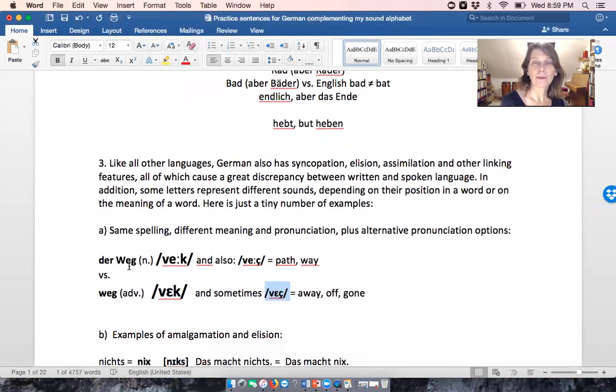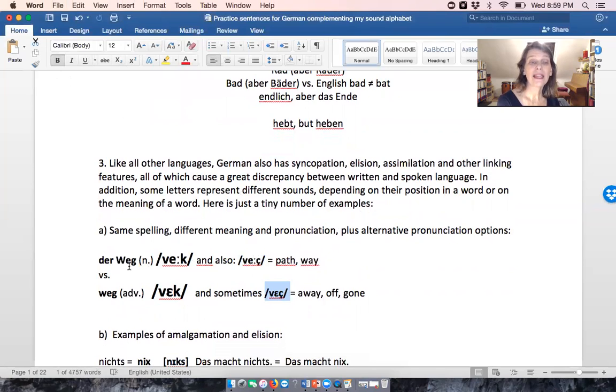Weg is path or pathway, or various meanings like that. And in Standard High German, a lot of people say der Weg, but in the north, people say der Weg. So der Weg with the kangaroo sound, or der Weg with the Specht sound. Ich, Specht, Weg.